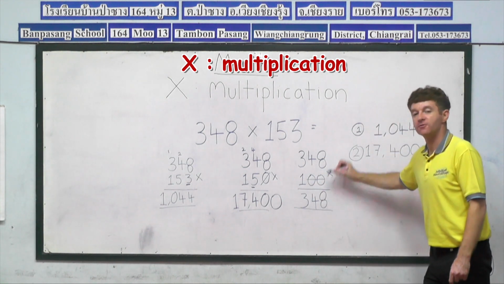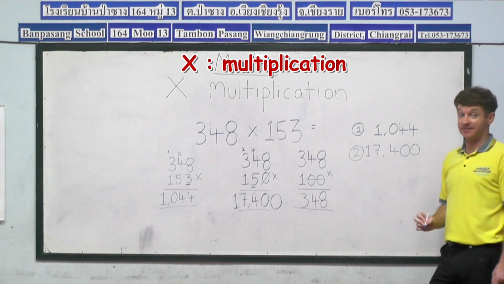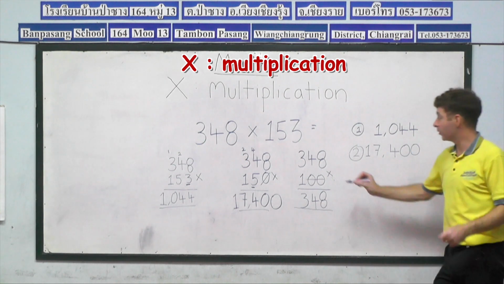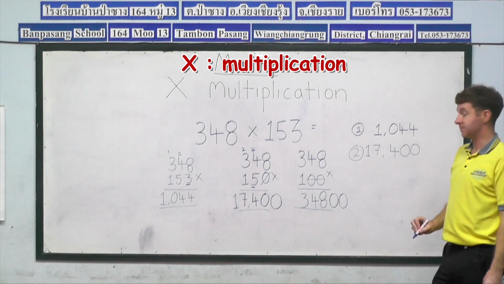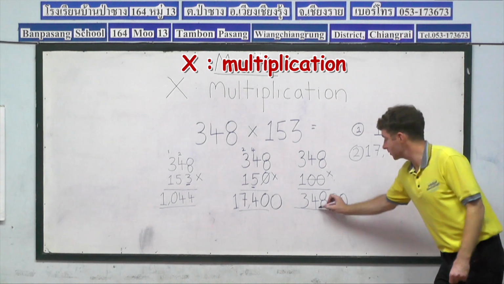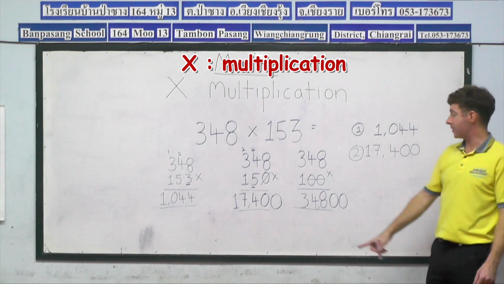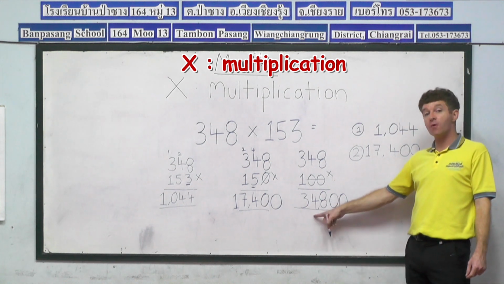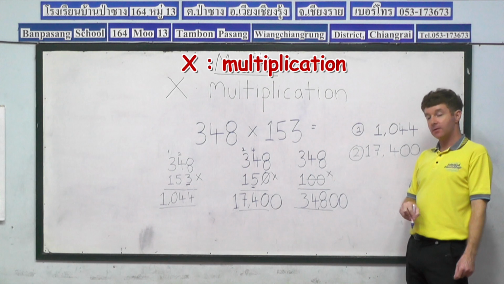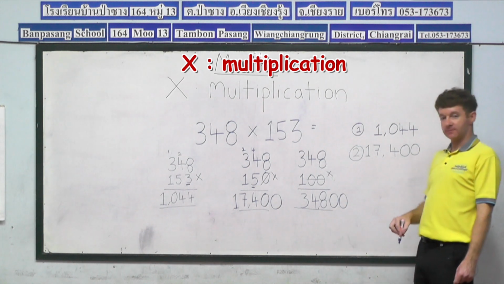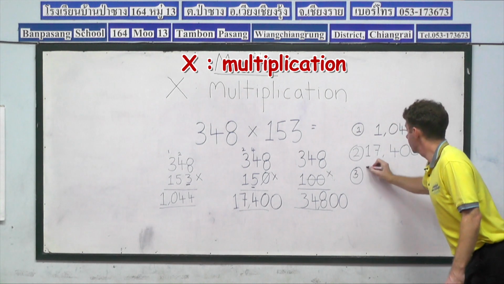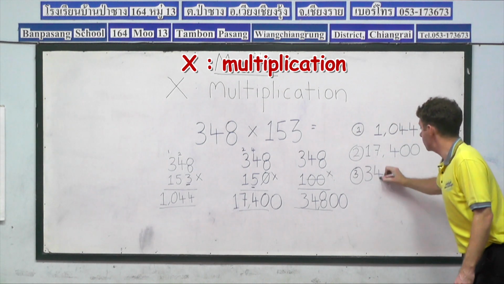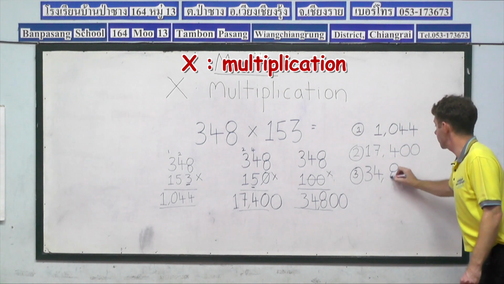Notice, whenever we multiply by 1, we get the same answer. But now we put the 2 zeros back. Like this. So, our comma goes here. And our answer, 34,800. So answer number 3, 34,800.